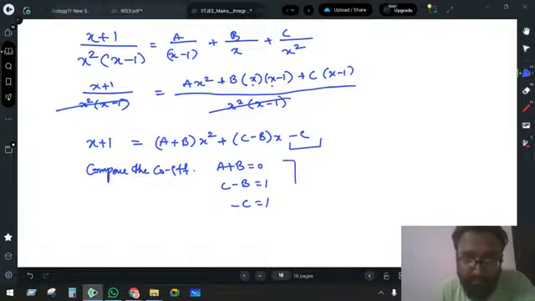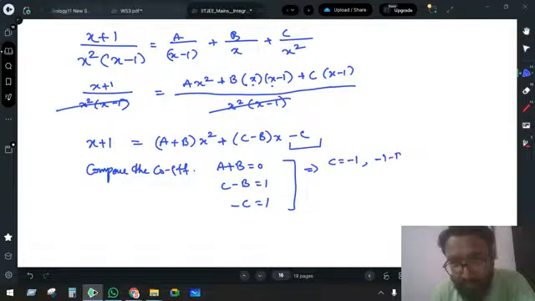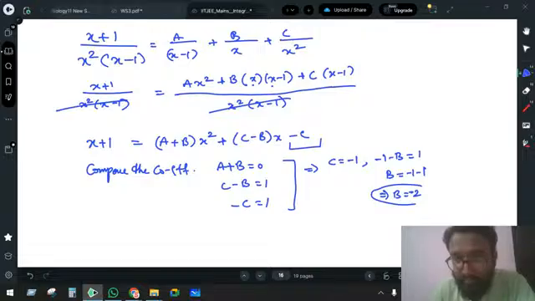So your C is equal to minus 1. When you substitute this minus 1 in the previous equation, it is minus 1 minus B is equal to 1. B goes to this side, minus 1 comes to this side. Therefore, B is equal to minus 1 minus 1, which implies B is equal to minus 2. We got B is equal to minus 2.